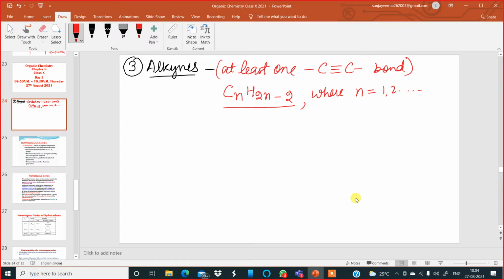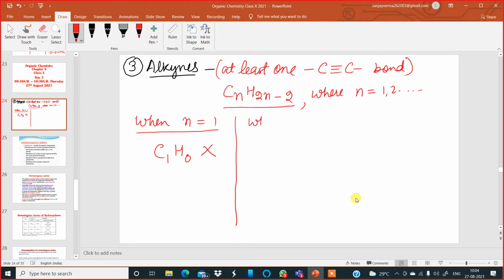Now let us write down the molecular formula and structural formula of some alkynes. When n is equal to 1, the alkyne will be C1H0. This is not possible, so this is not the first alkyne.